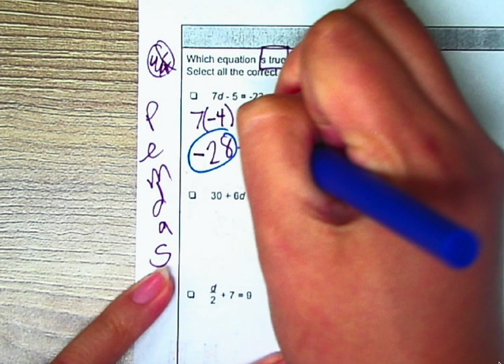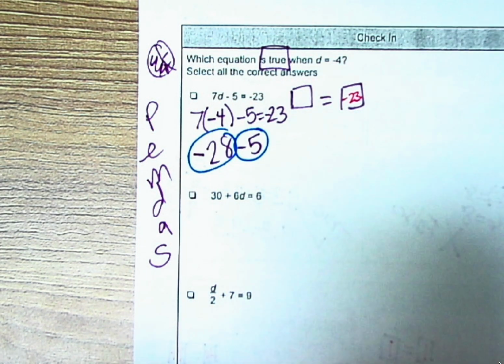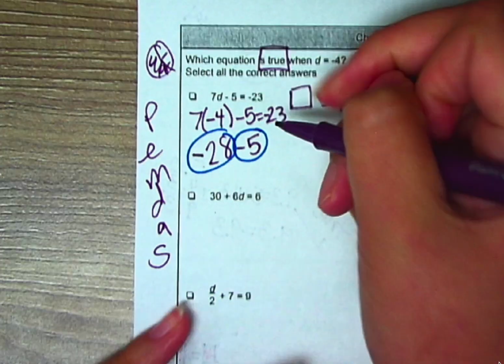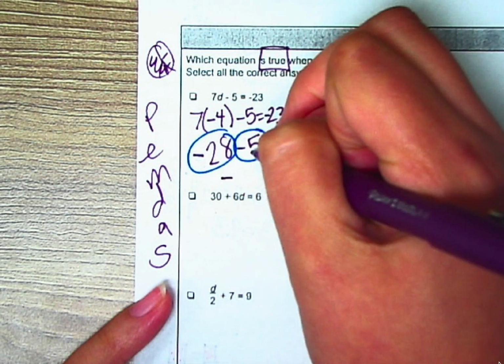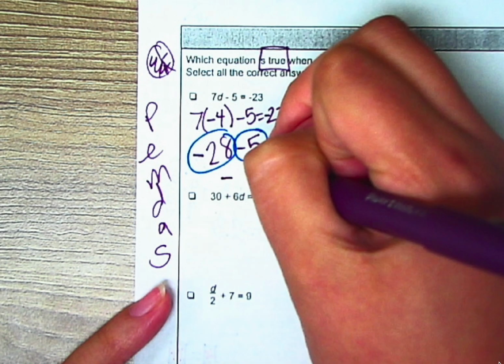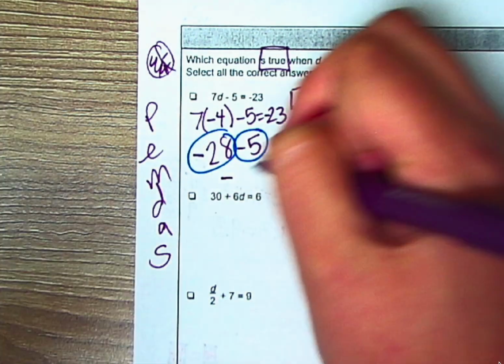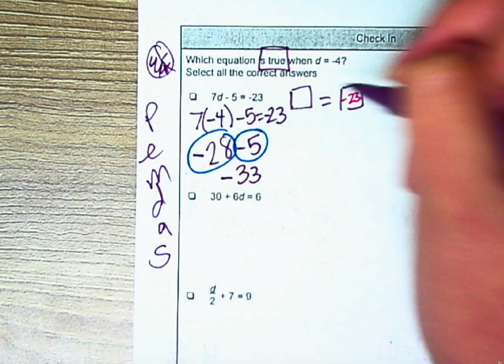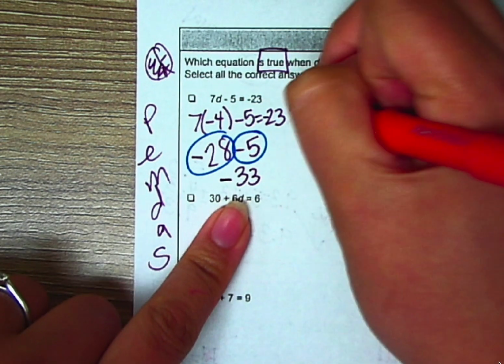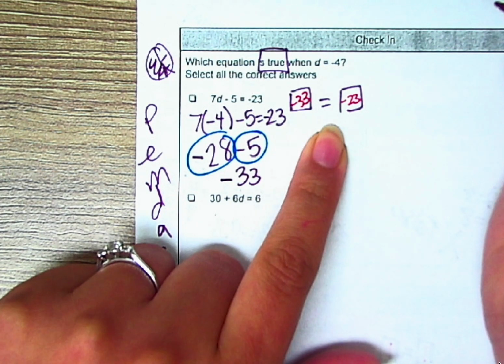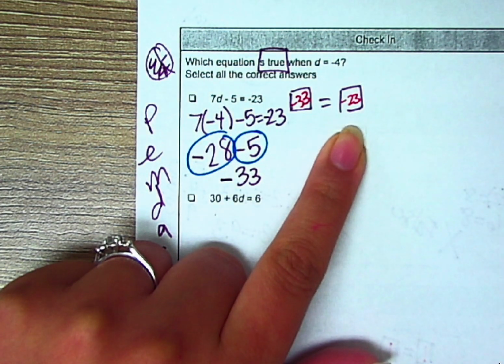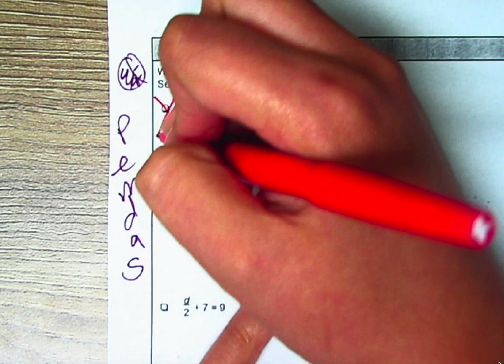Circle -28, circle of -5. Are they same signs or different? They're the same. So I'm going to keep the sign and add these two numbers together. You should get 28 plus 5 is 33. Okay. So I'm going to write -33 in there. Is -33 equal to -23? No. So that is not my answer.